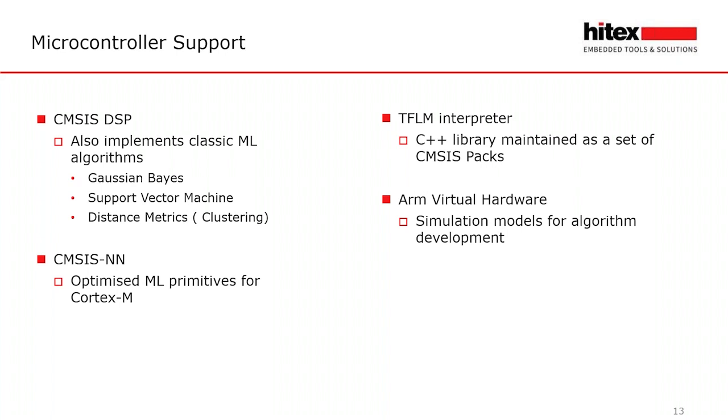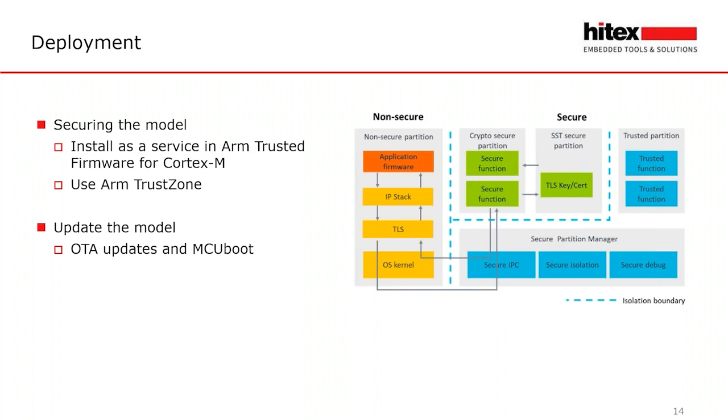And also the big advantage of these models is that they're provided with very large amounts of simulated memory, so we can run quite large machine learning algorithms and experiment with them without having to develop special hardware. So this is a very good route to getting some initial experiments with your machine learning algorithms.